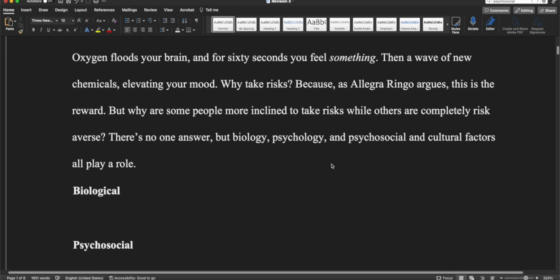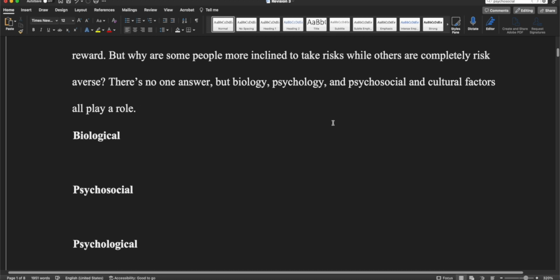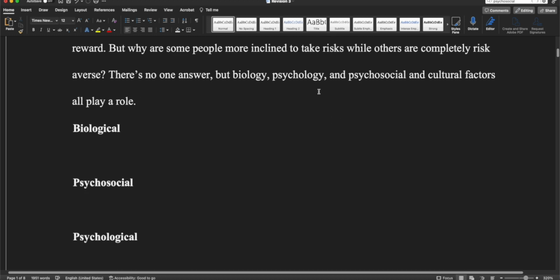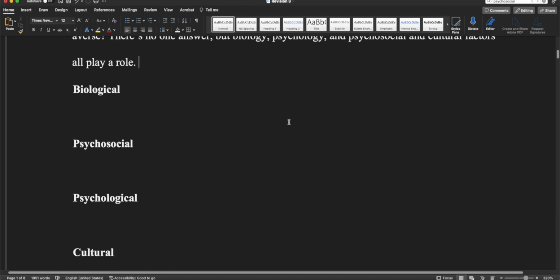And then the resulting arrangement would be psychosocial factors include culture. Here's how that plays in. And that would give me a 3-section list. In a 3-section list, I would go biology, psychosocial factors, and psychology all play a role. So biology, individual psychology, and group psychology, essentially.